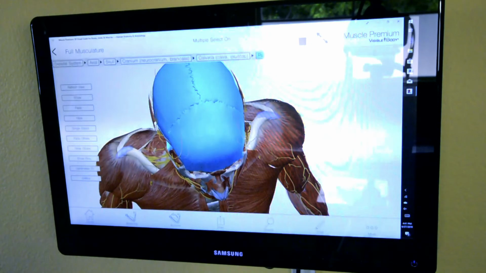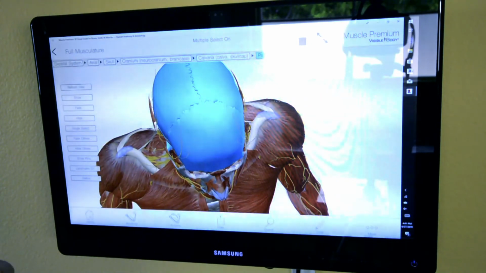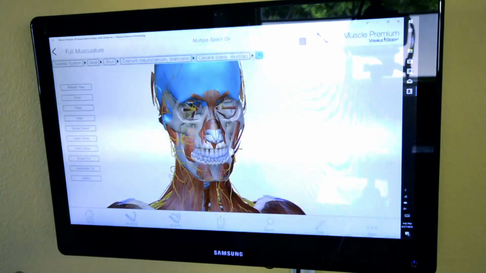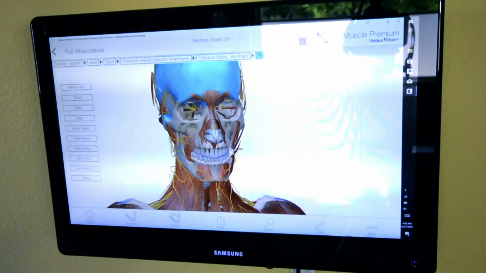And I have many, many patients whose headaches I've resolved pretty much completely.